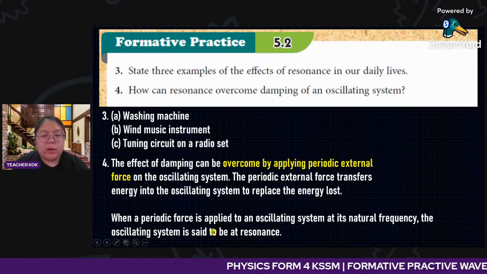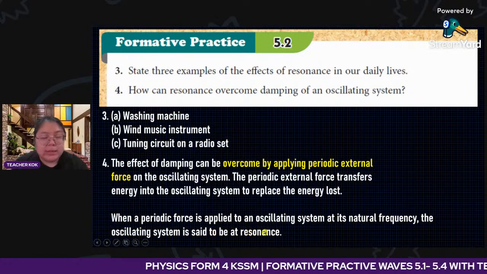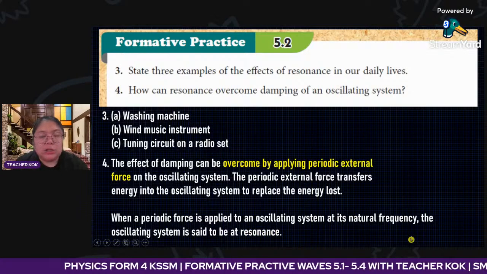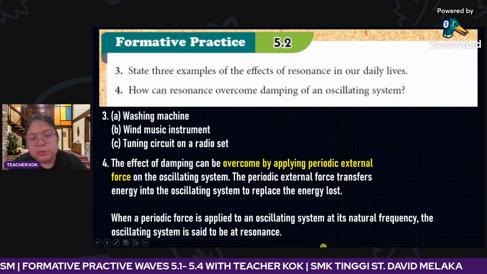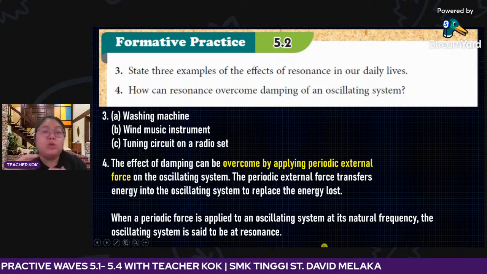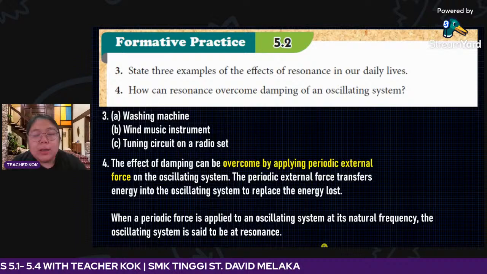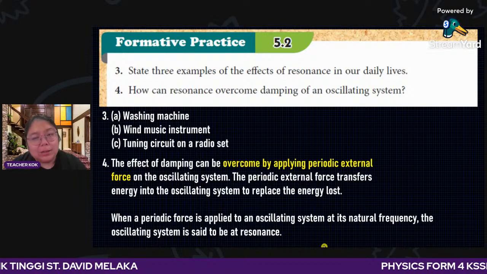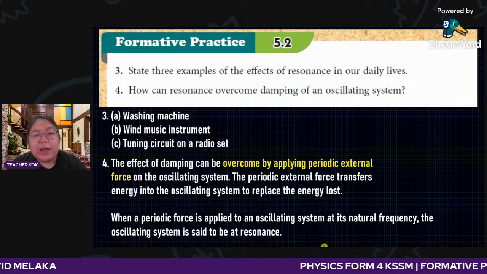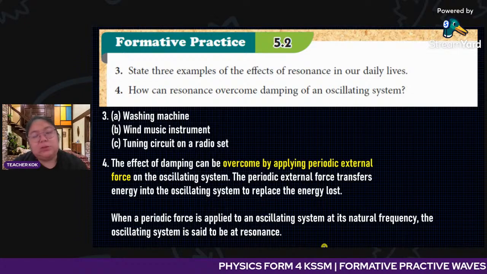When the periodic force is applied to an oscillating system at its natural frequency, the oscillating system is said to be resonant. For example, just like a swing at the playground. When you swing and never add extra force, you find finally the swing will slow down and stop.